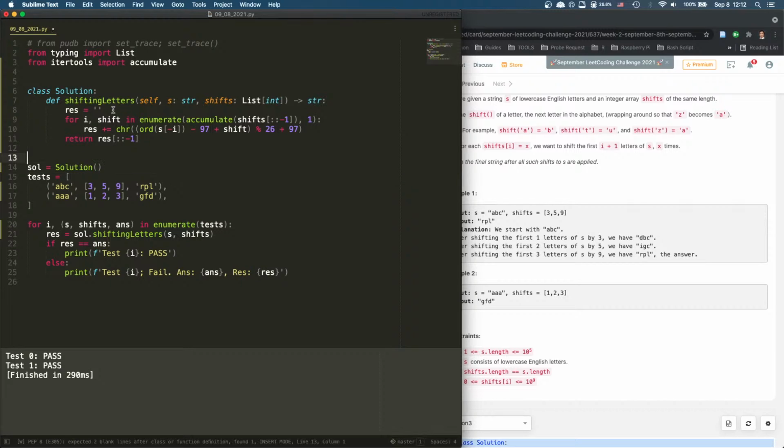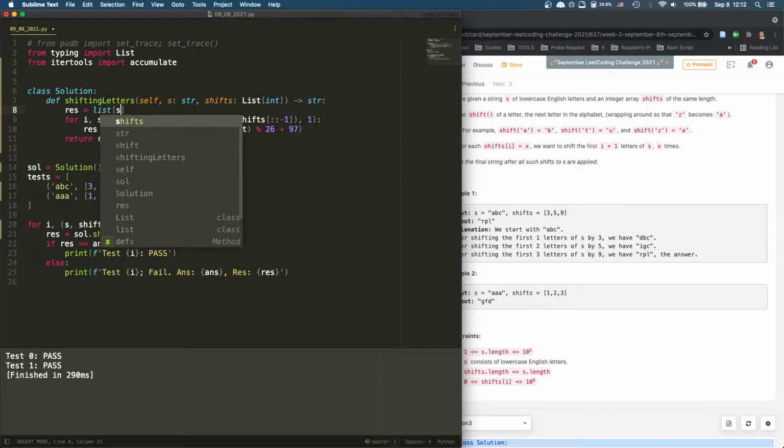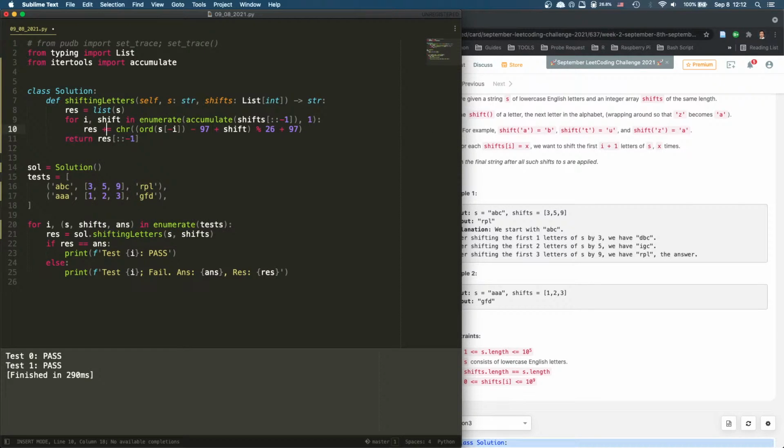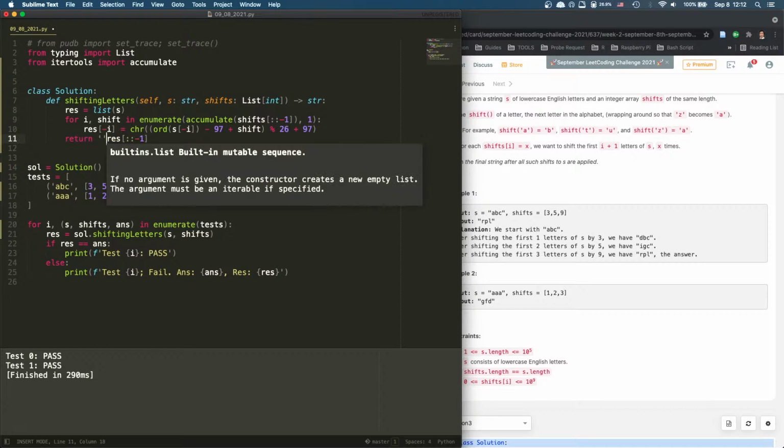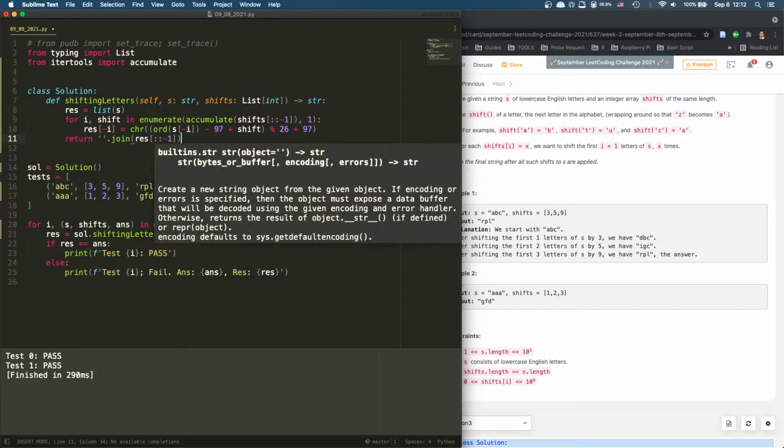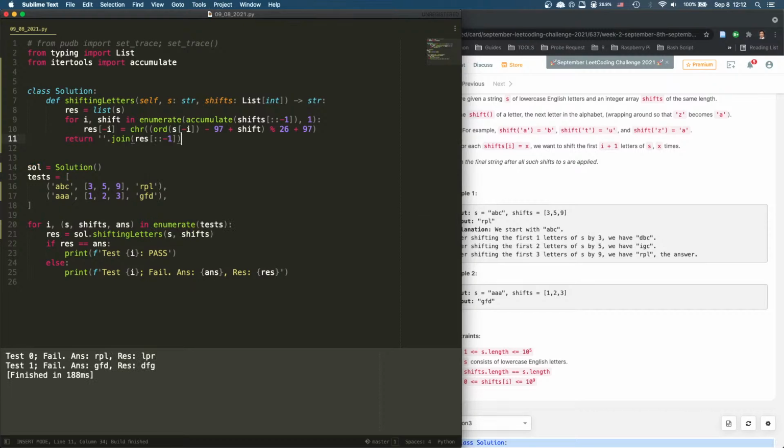Let's do this list s, and we'll just say minus I equals this, and then we say dot join this. Oh, then we don't have to reverse again because we're already going from the back to the front. That shall work. Accumulate. Yeah, that shall work.